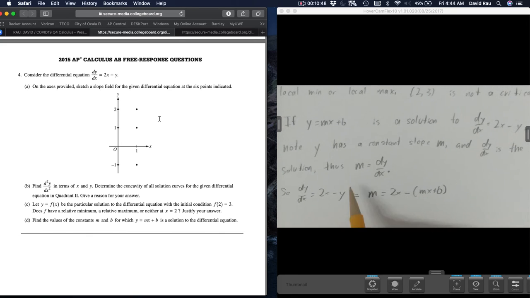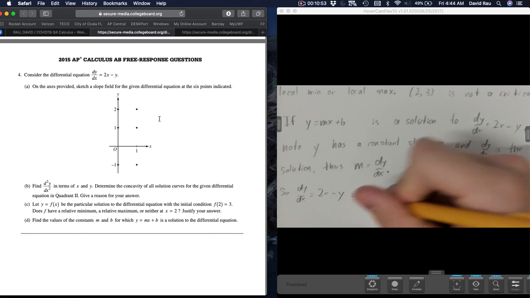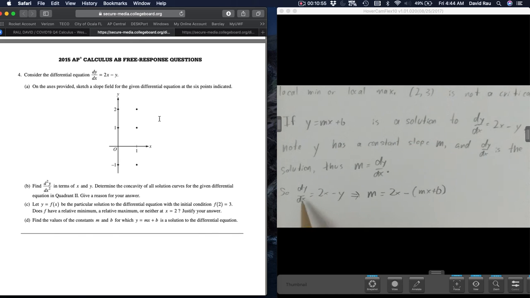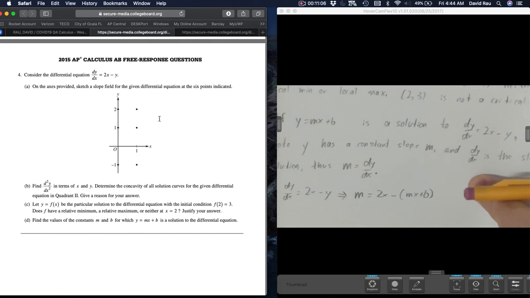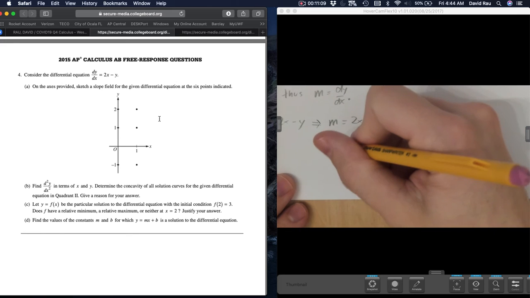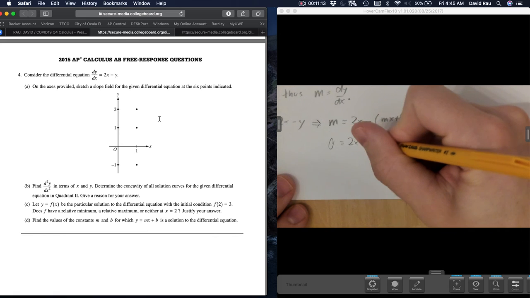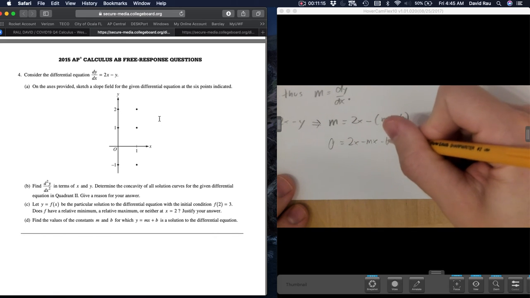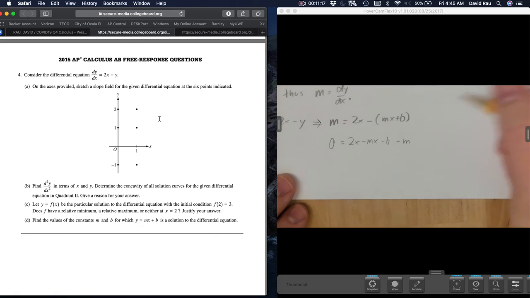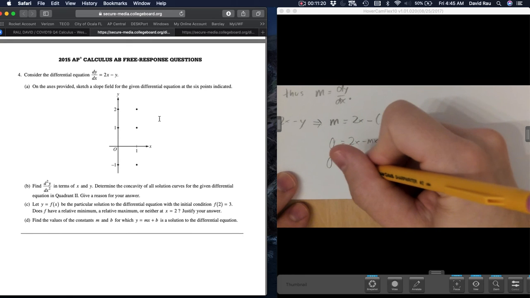So instead of dy dx, I should write it like this, not equals, I should draw an arrow. There we go. dy dx is m now, and 2x is still there, minus y, but y is now this mx plus b. So now is where things get even wilder. What we're going to do is say that 0 is what we get when we have 2x minus mx minus b minus m, and from there they do this wacky factoring step.